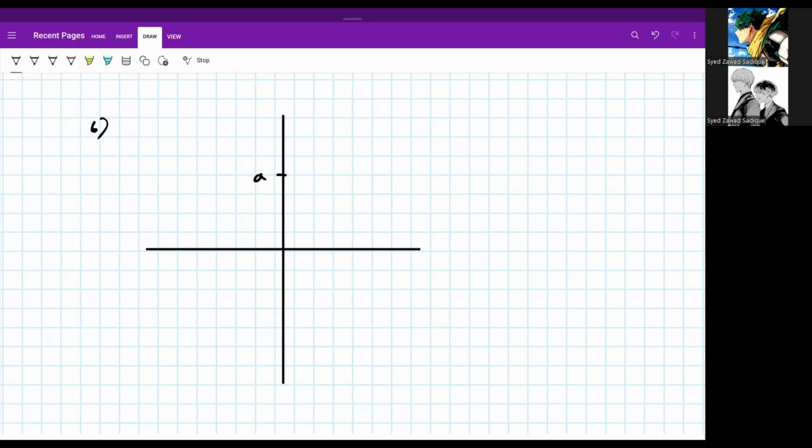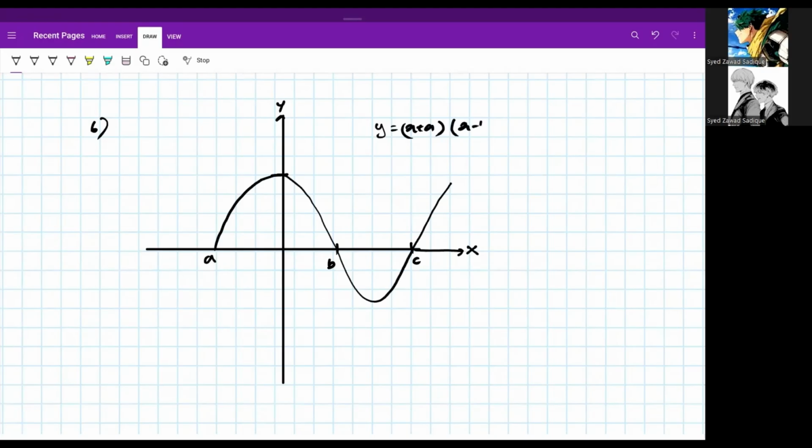A, sorry, this is X, Y. Okay, this is A, this is B, this is C, this is the y-intercept. So this graph has the equation x plus A, x minus B, x minus C, also known as the cubic graph. Cubic graph.